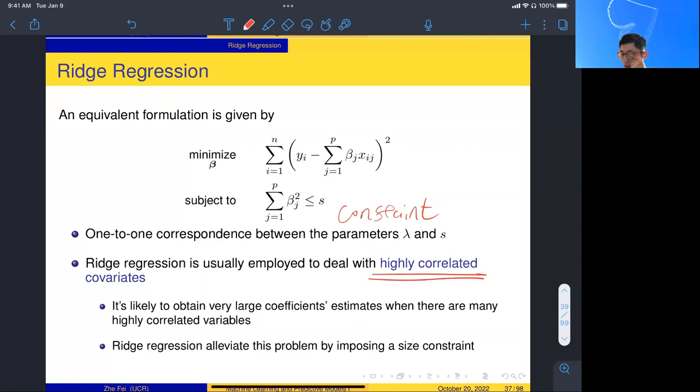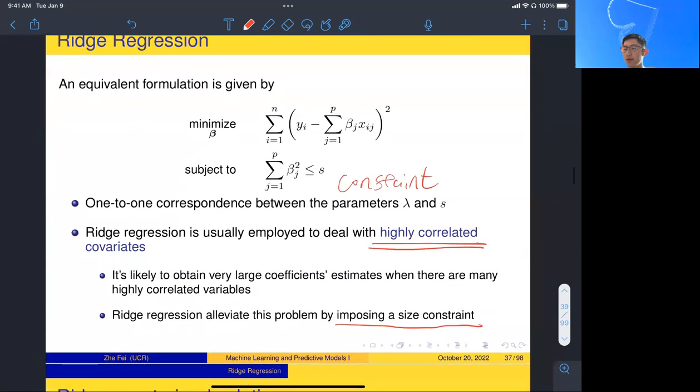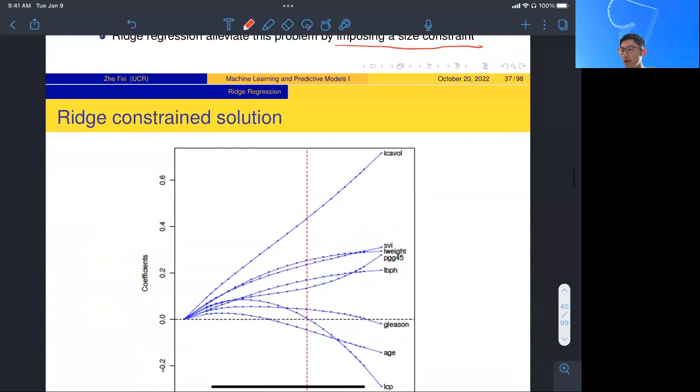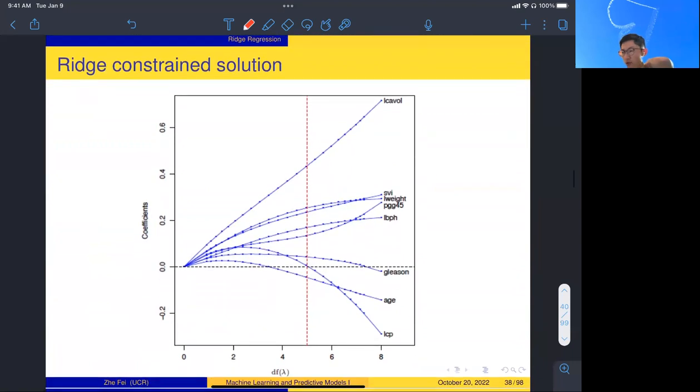Ridge regression alleviates this problem by imposing this size constraint, in other words, penalizing the beta estimates. Let's look at this illustration to give you an idea. Here we plot the so-called ridge constraint solution.